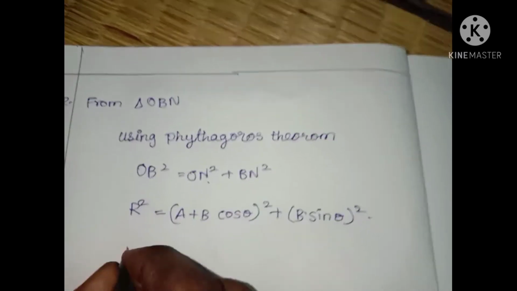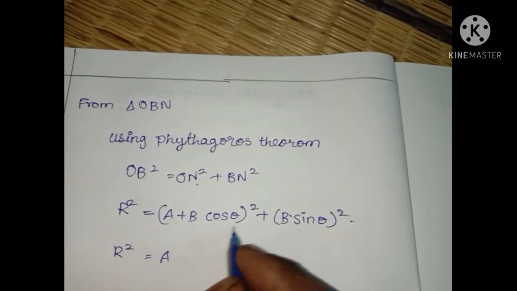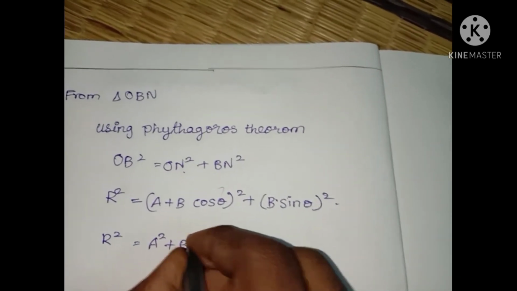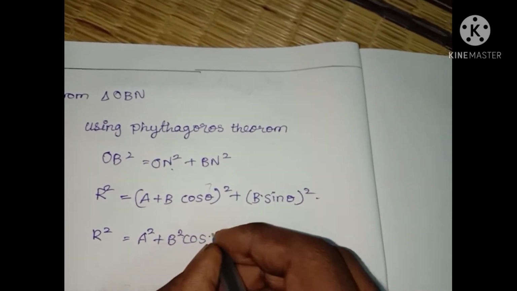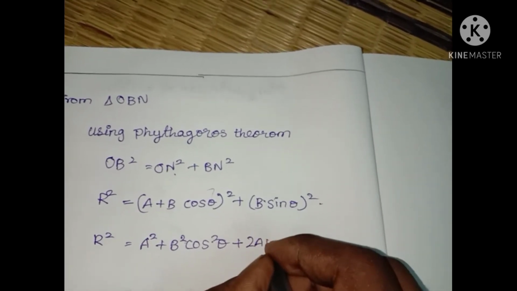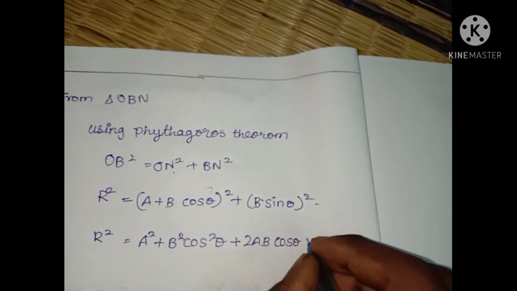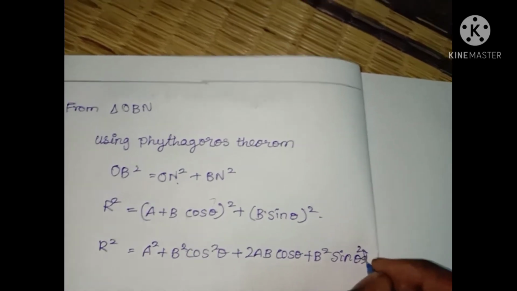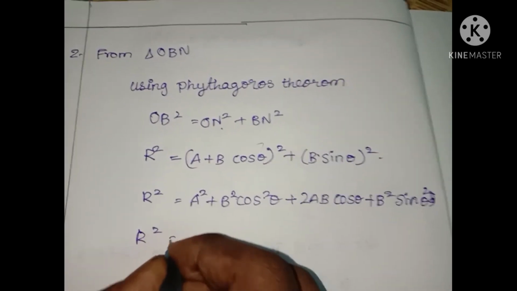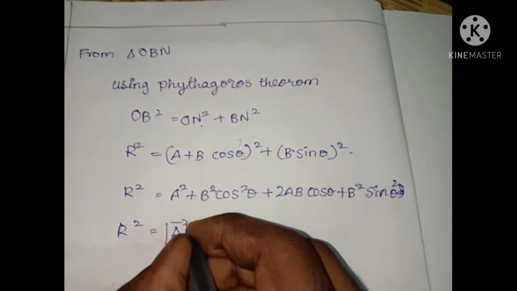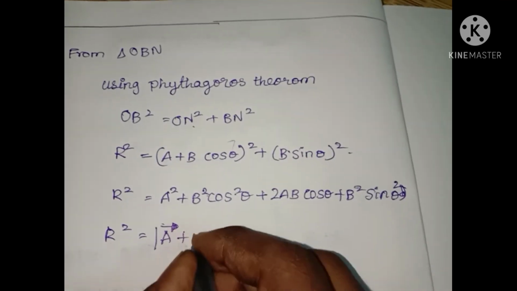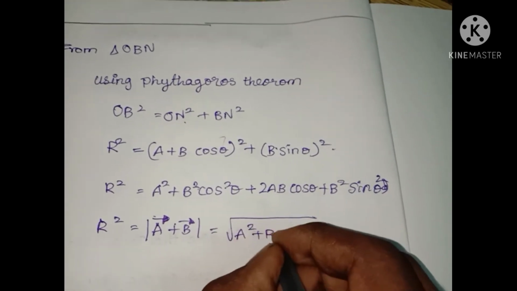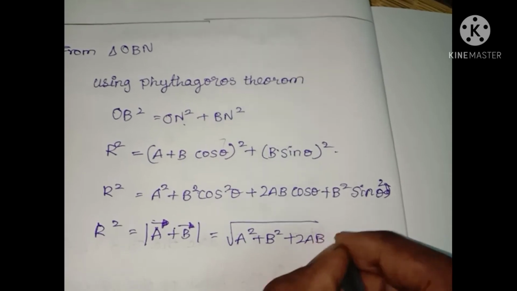Then R squared is equal to, applying the equation (A plus B)^2, A square plus B square plus 2AB cos theta plus B square sin square theta. So the magnitude of the A vector plus B vector is equal to square root of A square plus B square plus 2AB cos theta.